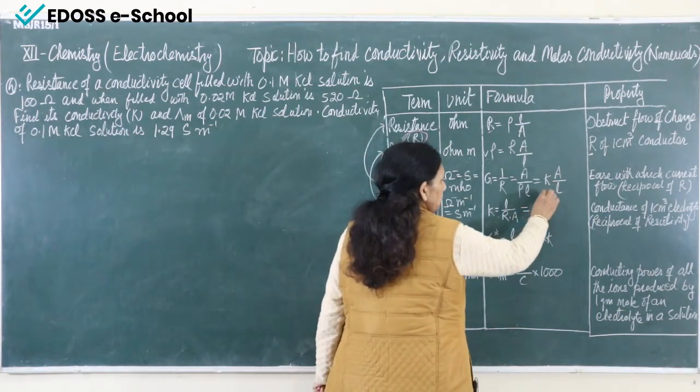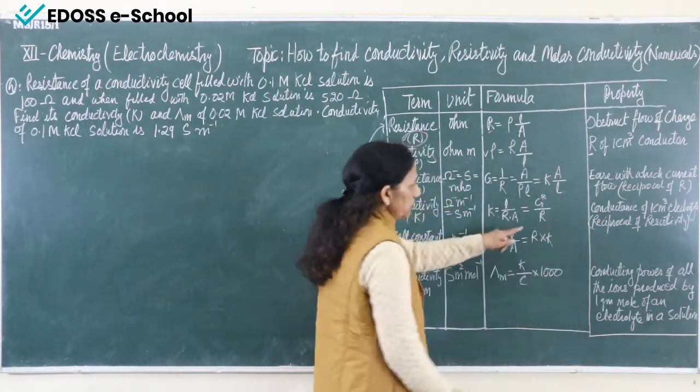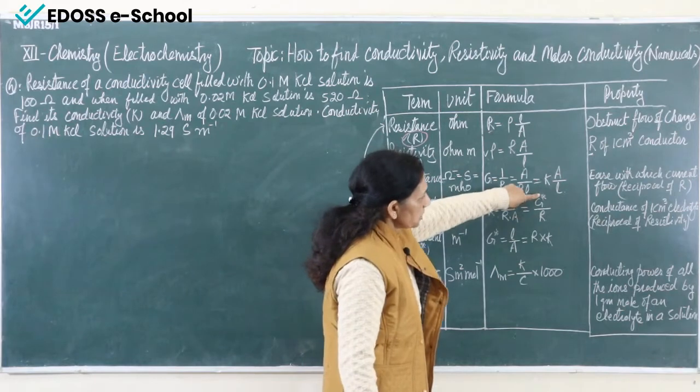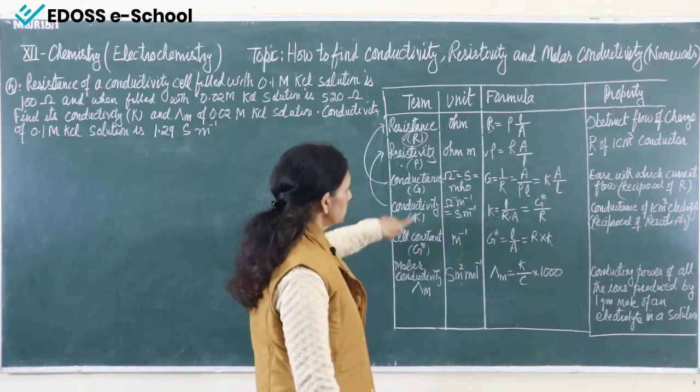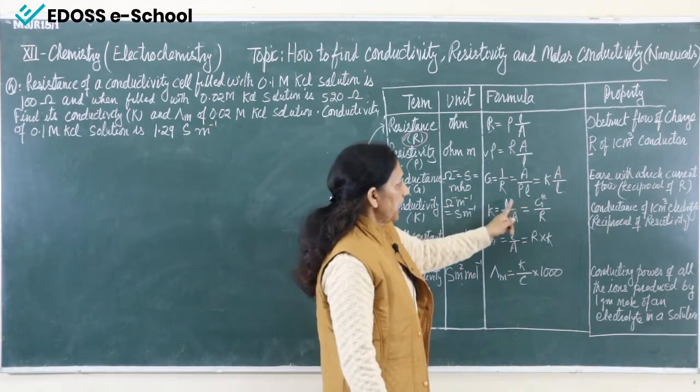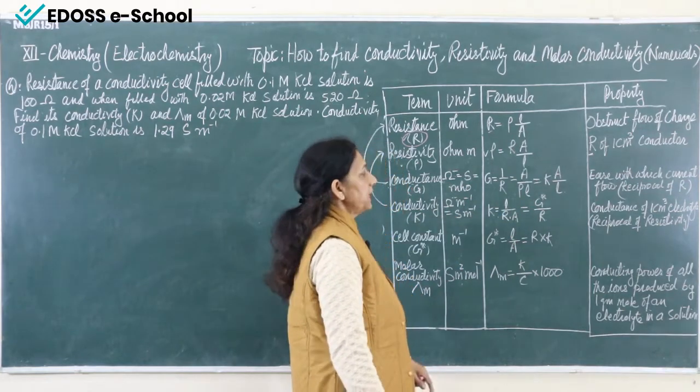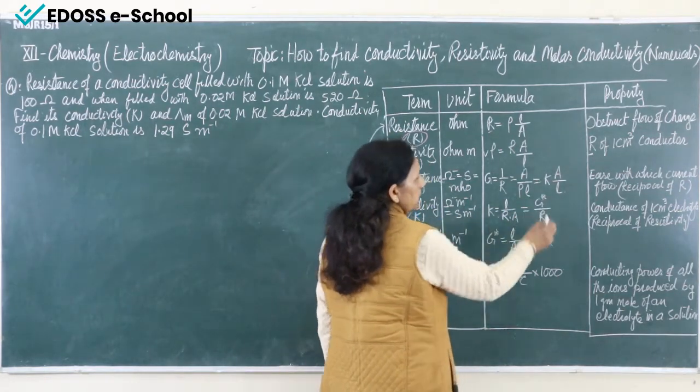So we have used one more term here, G, with a star sign on it. This is not conductance, this is cell constant. L upon A is equal to cell constant, and R is the resistance.